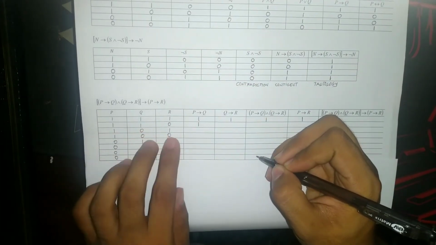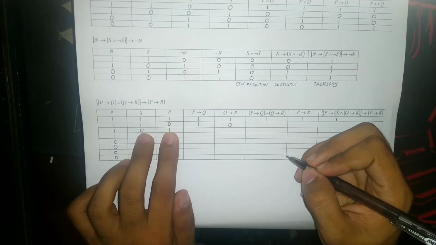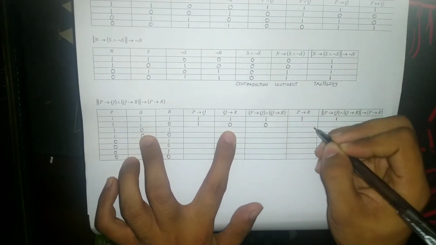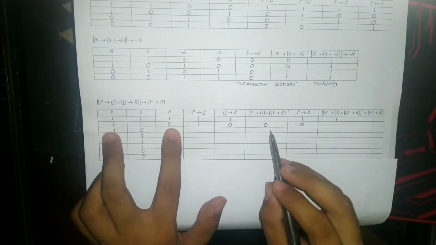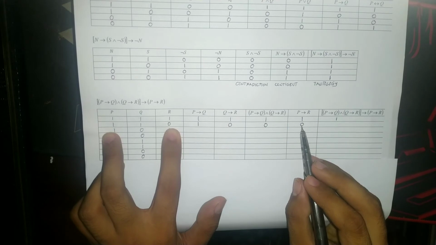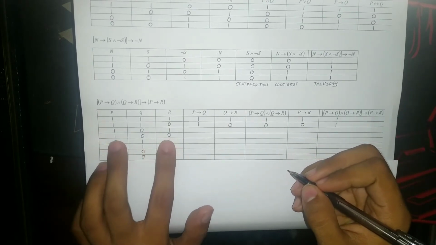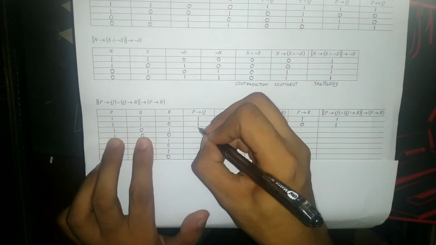Out here, that is 1. 1 implying 0, that is 0. 1 and 0, 0. 1 implying 0, 0. 0 implying 0 is 1. How about this? Alright, so this would be 0.